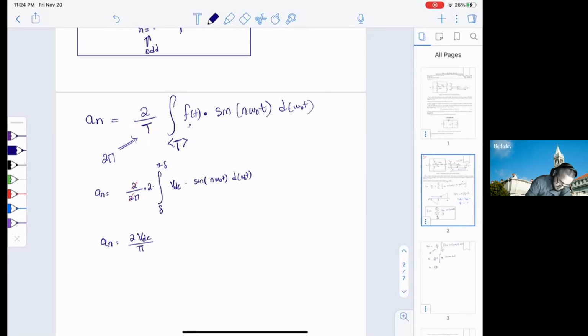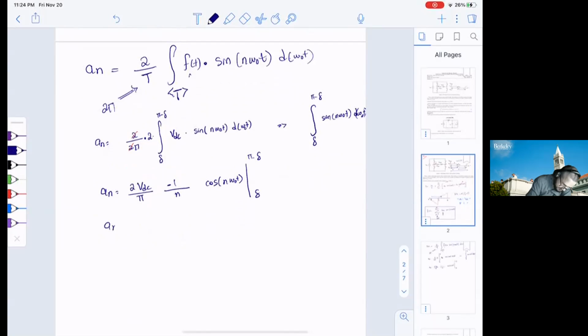And now I'm left with the integral from delta to pi minus delta of sine of omega naught t d omega naught t. Taking that integral, I know that's just going to become 1 over n, just take out the 1 right here, times cosine of n omega naught t evaluated between pi minus delta and delta.